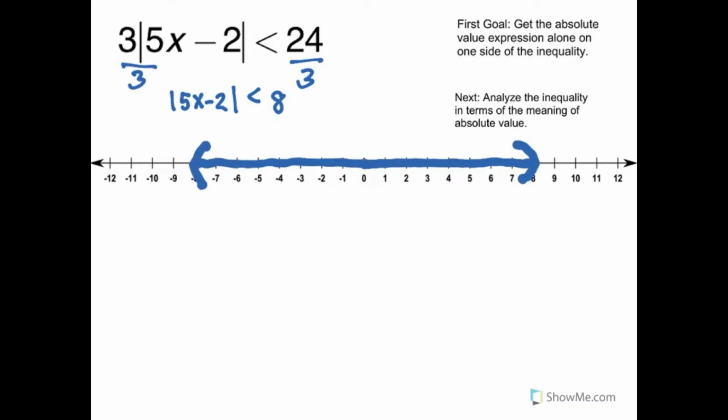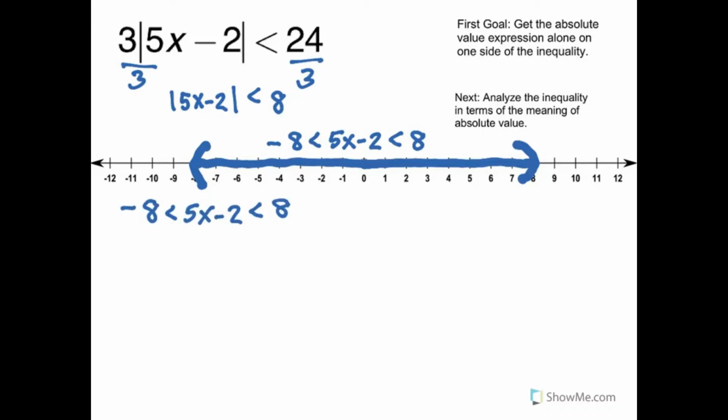So now we have an interval on the number line that represents possible solutions not for what x equals, but for what 5x minus 2 might equal. That allows us to translate that absolute value inequality to a compound inequality that we already know how to solve.